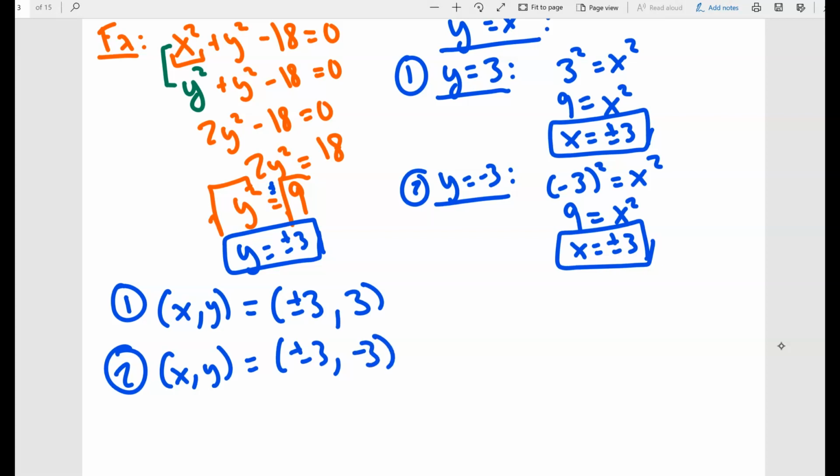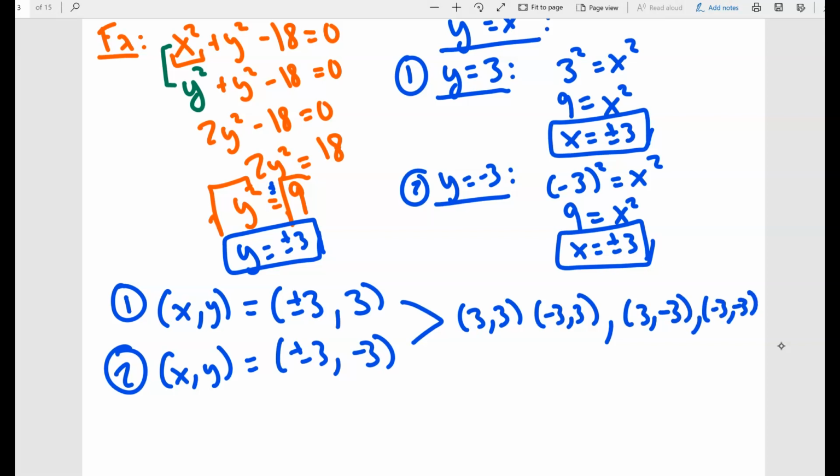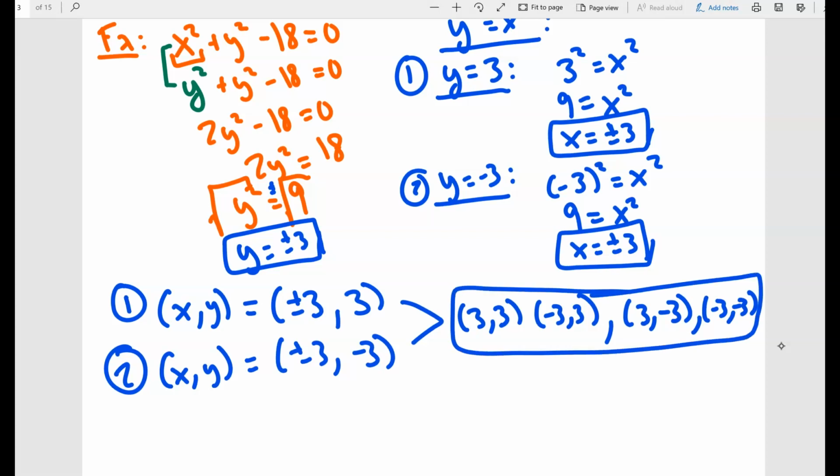So what are all my points? All my points are positive 3 and 3, negative 3 and 3. And then for my second ones, it's positive 3, negative 3, and then negative 3, negative 3. So these are all my possible points.